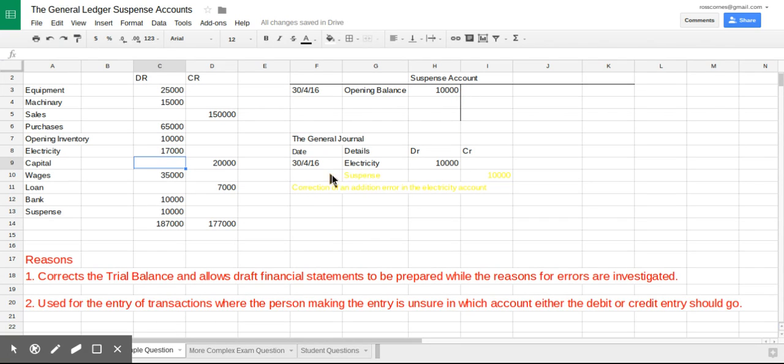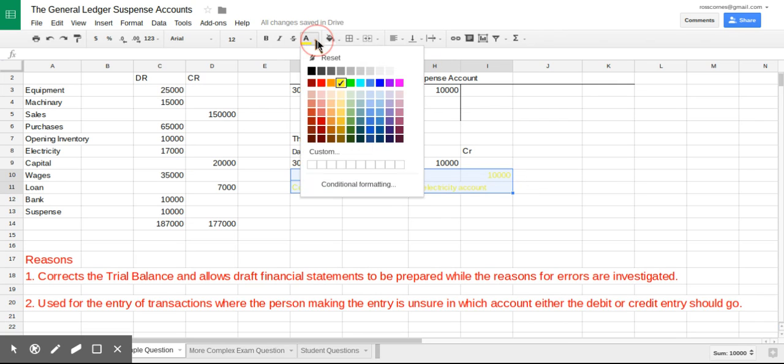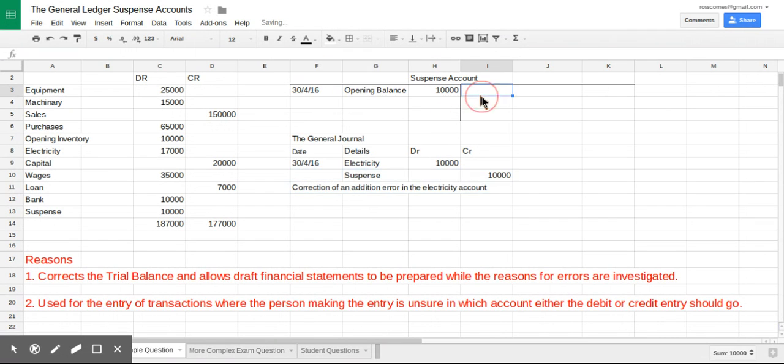So what we also need to do is we need to put in a credit entry in the suspense account. Okay, and that's going to be offset against the electricity. So now there's no closing balance at all on the suspense account because both sides equal 10,000.